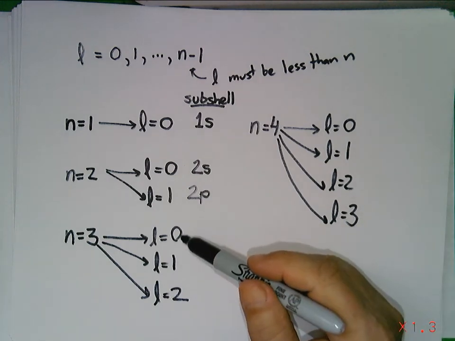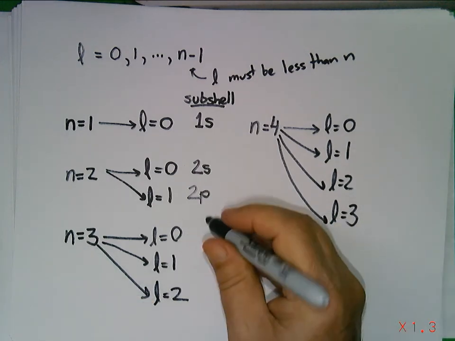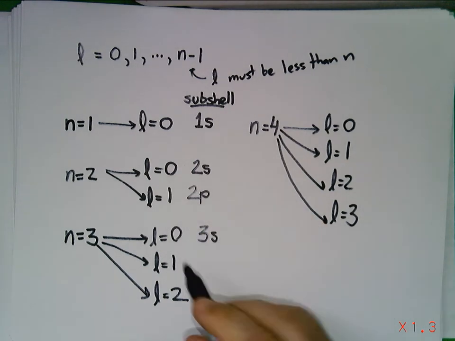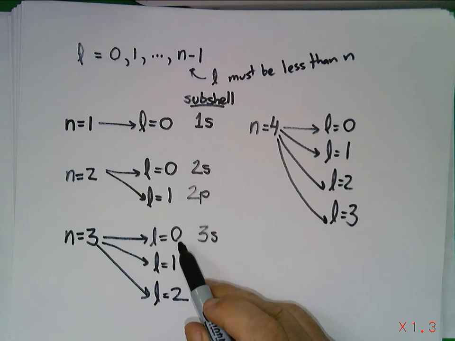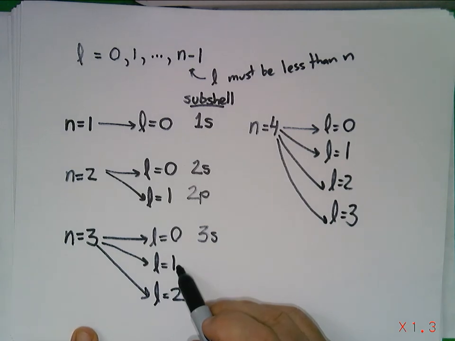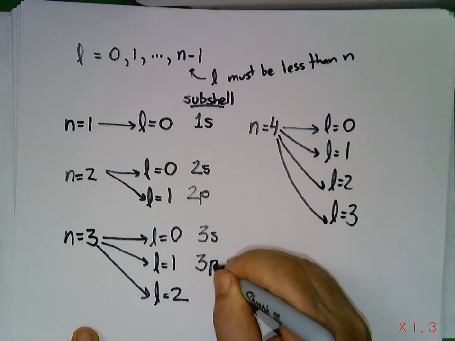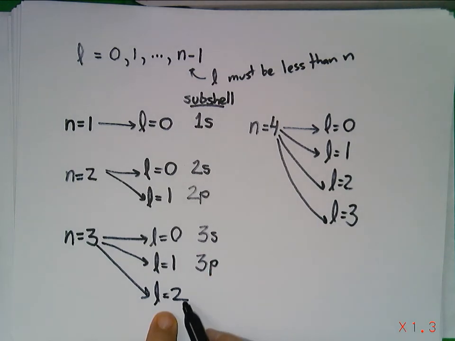Okay, let's do these. Here you have n equals 3, so this will be a 3s subshell, because L equals 0. This will be what? 3p. What'll this be? Now, when you have L equals 2, we said before that you have d.